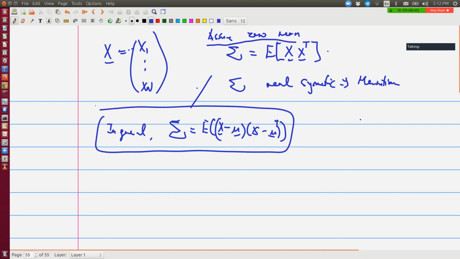And we mentioned a couple of things about the properties of sigma. Sigma has to be real symmetric, therefore it's Hermitian. And also sigma has to be semi-positive definite.